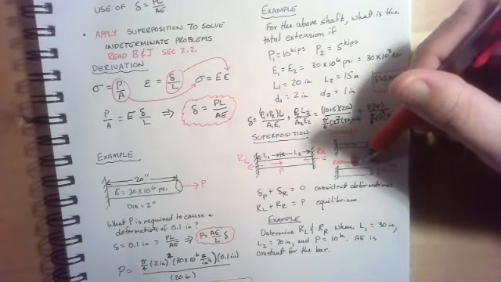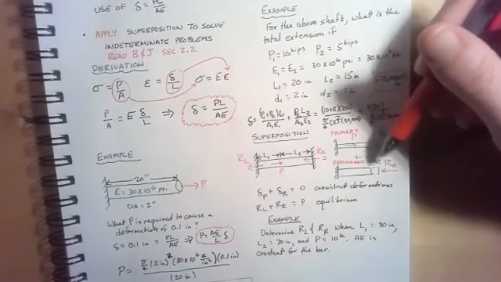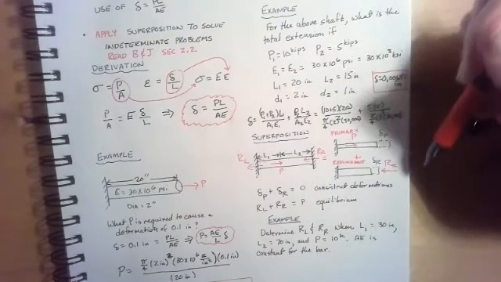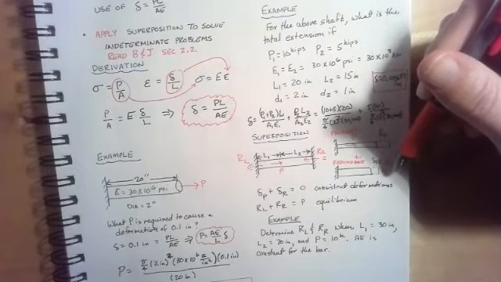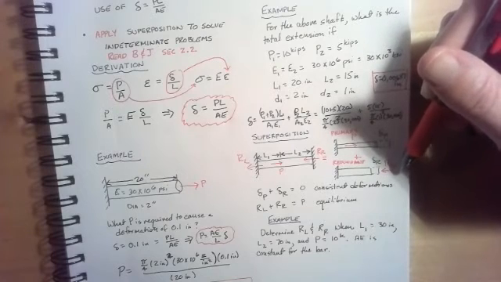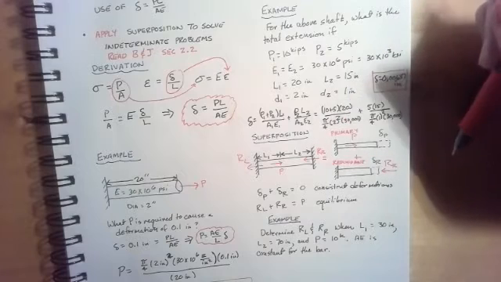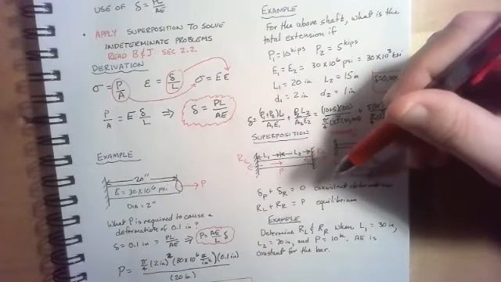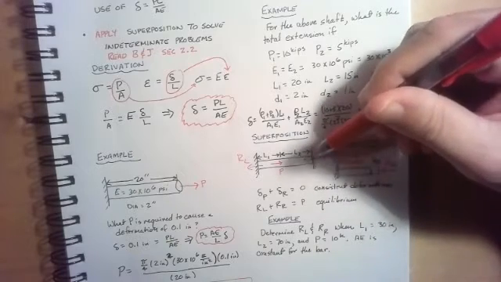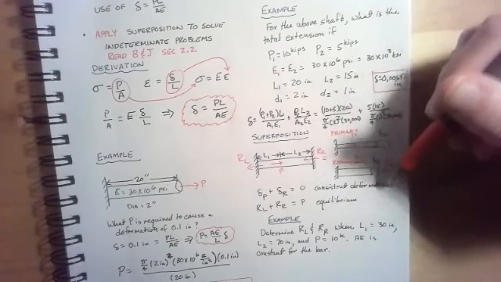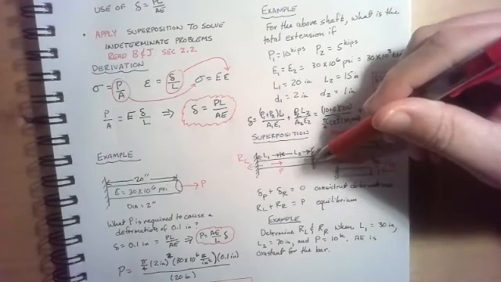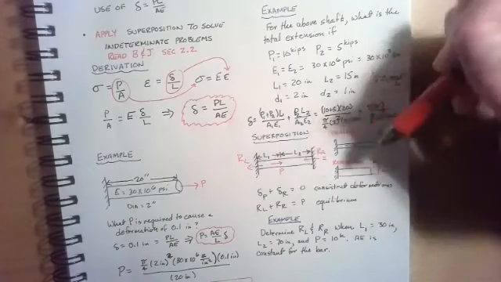Then we would superimpose on top of this solution a solution where the redundant is applied, and the redundant is allowed to push the structure back to a point where the deflection of the free end is equal to 0, as it must be for this structure.